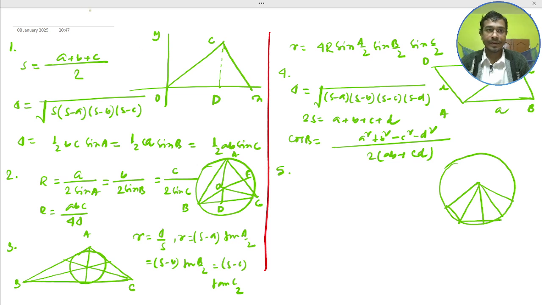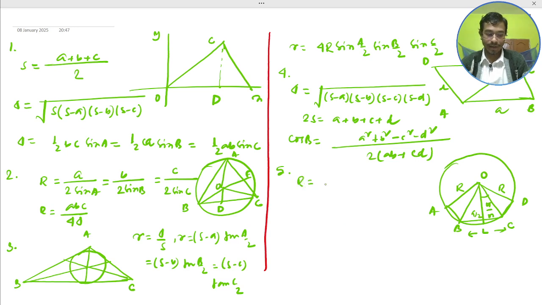So this is R, the origin, and here A, B, C and D, this is length a, and here this angle is π divided by n. This is a polygon of n sides, so this is a by 2.